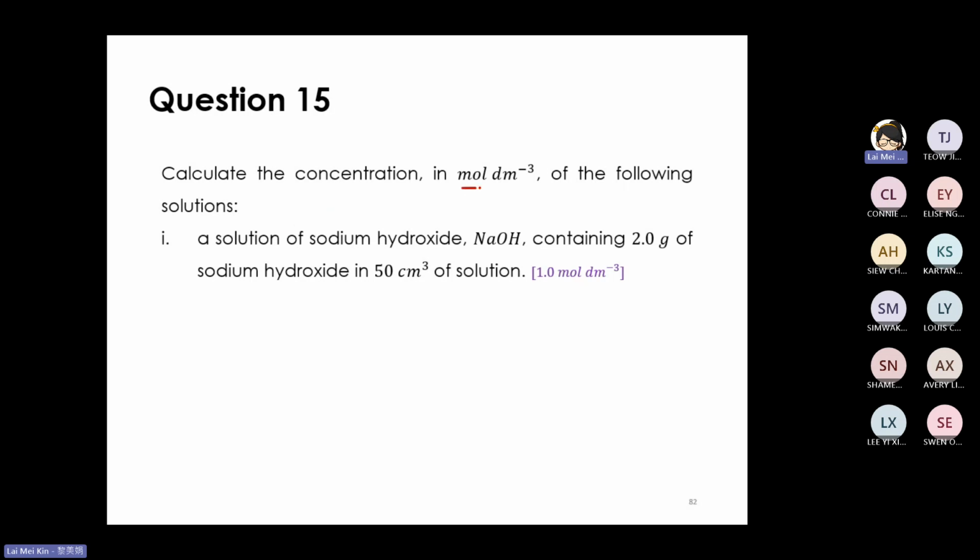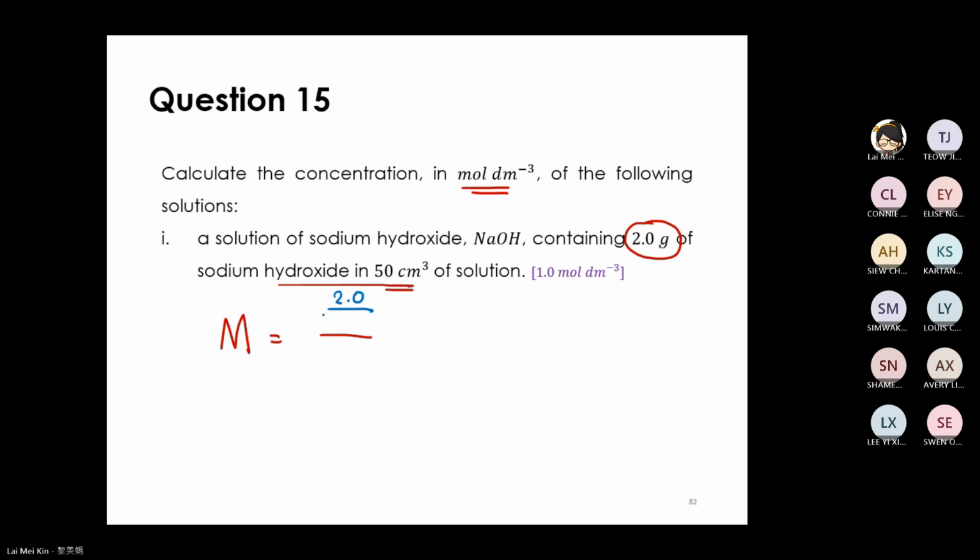Calculate the concentration. I have a solution with 2 grams in 50 centimeter cube. So concentration, capital M, is number of mole divided by volume. Number of mole is mass over molar mass. Sodium hydroxide, I'll allow you to calculate the molar mass of sodium hydroxide.